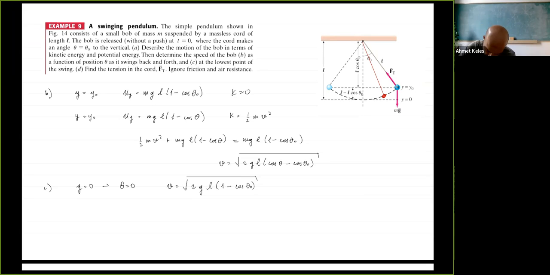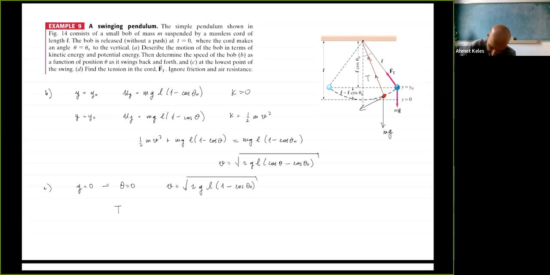So here is your mg, here is your tension, and the motion at this moment, and at any moment, is perfect circular motion, always tangent to this circle. And we already have v, and we need to find tension.